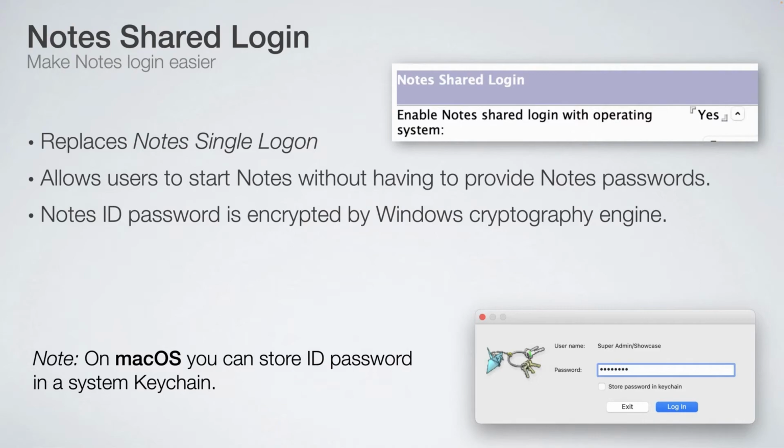This is a feature in Windows only. On Mac, we do not have Windows cryptography engine, but we have a keychain, like a digital wallet for storing secrets and passwords and keys and certificates, and you can store Notes password in this Mac OS keychain tool.